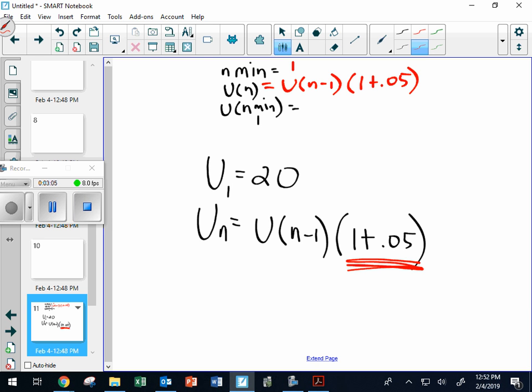And then the last thing is u n min, which really means u sub 1 in this case, because you just said n min is 1, so this means u sub 1, which is what? 20. All right, and then you'd be able to do this on the table, or just even out on the blank home screen, you could type u sub 4. What did you get for u sub 4? 23 point what? 152. So I'll just round to 23.15. How many of you would have had an answer that would have rounded to that?